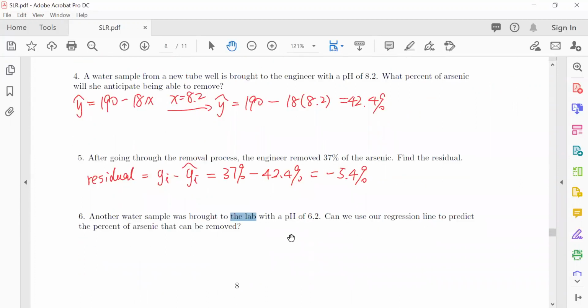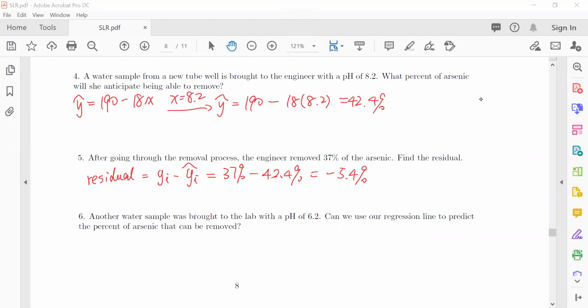Last question. If another sample with pH equal to 6.2 is provided, can we use our regression line to predict the percent of arsenic that can be removed? Remember, we have mentioned that the range of the pH provided to us is from 7 to 9.8 something.